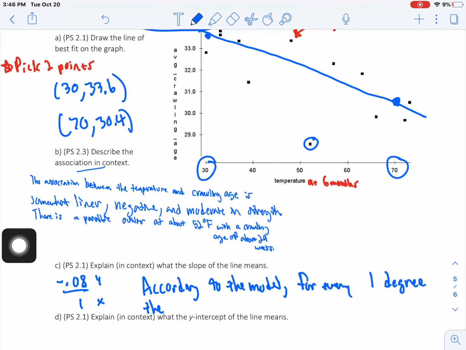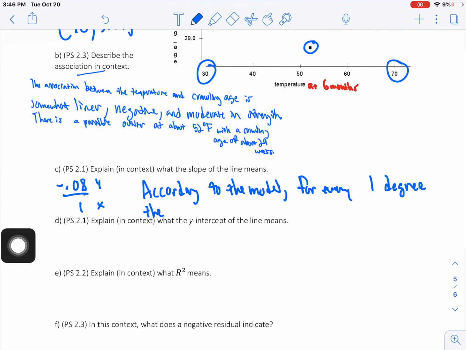So that is the crawling age. Oops, messed up, because it's not the crawling age. We need to mention that it's the predicted crawling age.